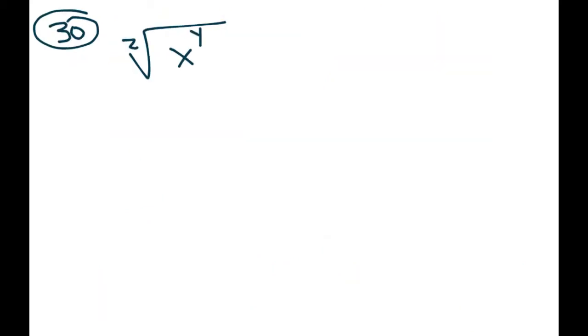Problem number 30 asks you to rewrite the zth root of x to the y power with fractional exponents. What does each variable represent? All right, so there is a property of radicals that says that you can rewrite a radical by taking the root index and making it the denominator of a rational exponent.